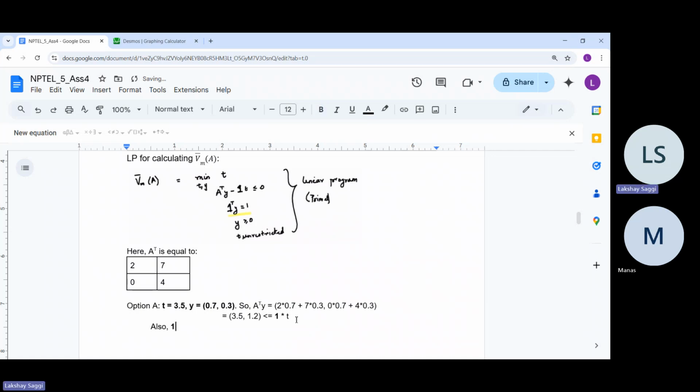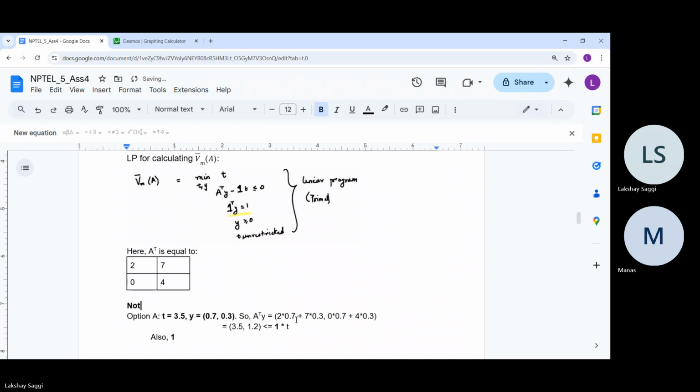I'm writing this 1 in bold because bold 1 denotes the vector of all ones. Maybe I'll just write it in the notation also. Notation: 1 denotes the column vector containing all ones.